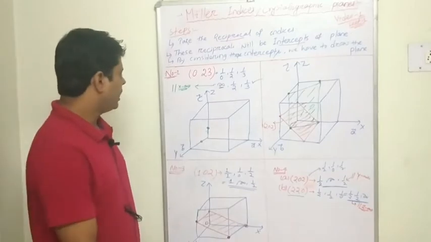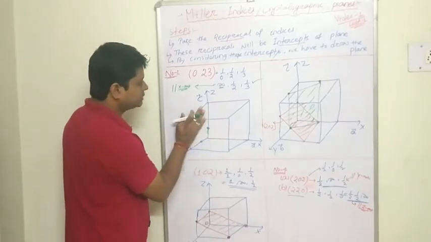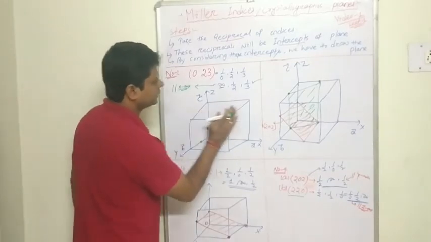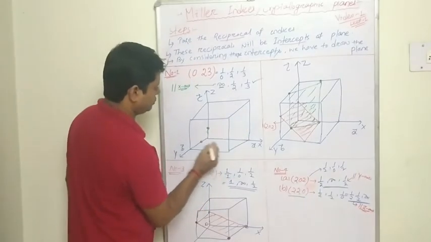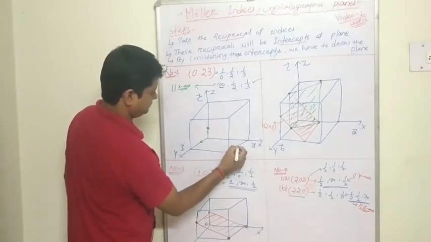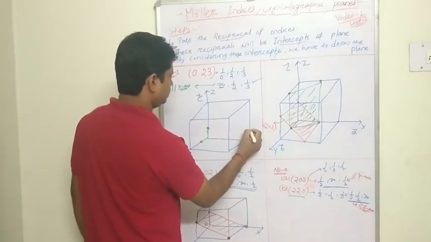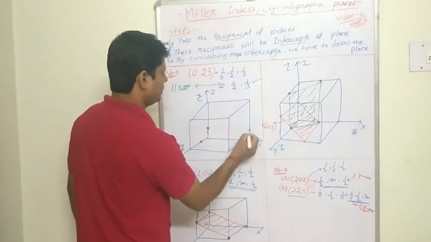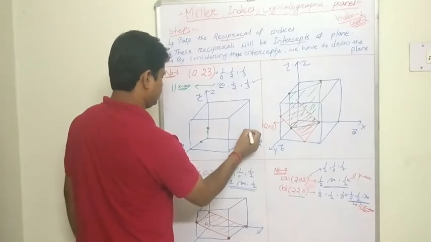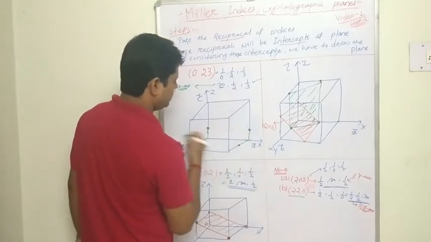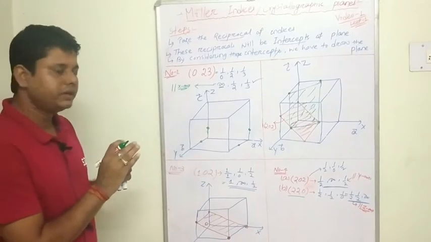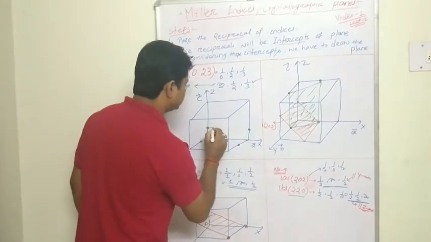Okay, now we got the 2 points in this plane. So similarly mirror points we can consider on this plane, that it will be here, and another will be here. Okay, now we have to just simply join the lines like this.